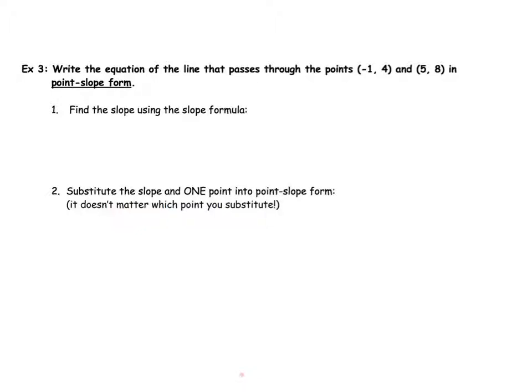Write the equation of the line that passes through the points (-1, 4) and (5, 8) in point-slope form. Notice we were given points but no slope. So the first thing we need to do is find the slope between the 2 points. Going back to finding slope, it's y2 minus y1 over x2 minus x1.